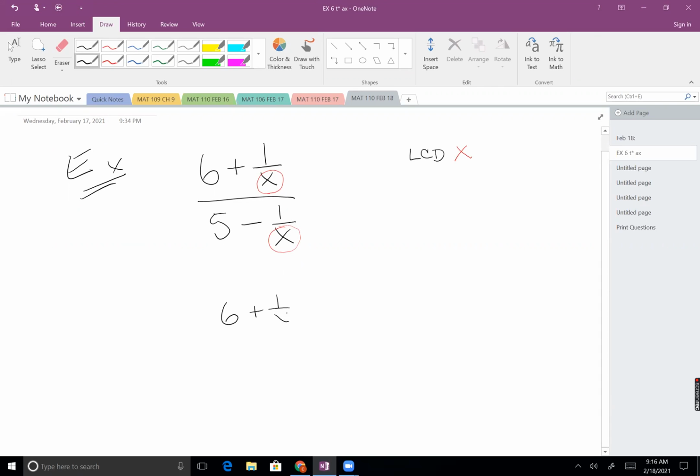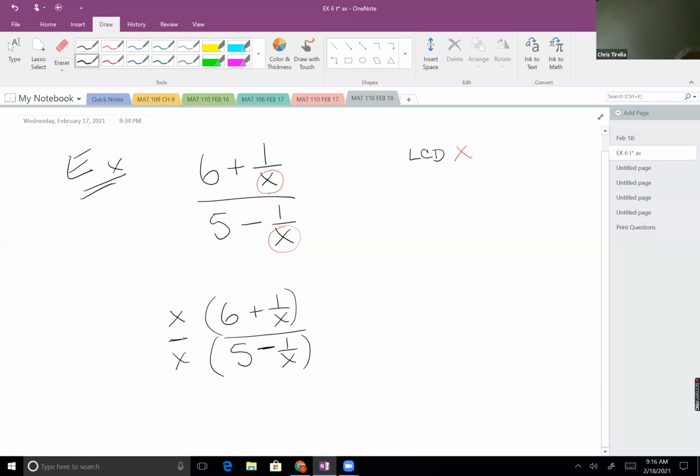Yeah, it's okay. And so now I'm going to take that fraction and multiply both the numerator and the denominator by x. Again, I'm multiplying numerator and denominator by the same thing. I'm multiplying by x over x. So I'm only multiplying by 1. In the numerator, I have to distribute, and I get 6 times x plus 1 over x times x.